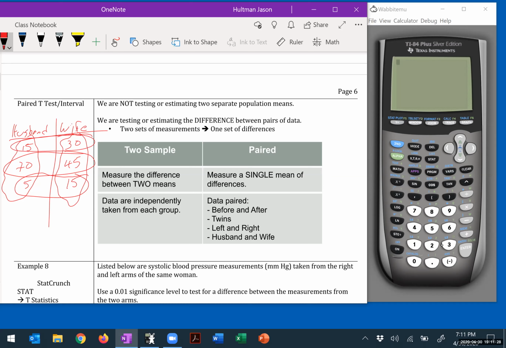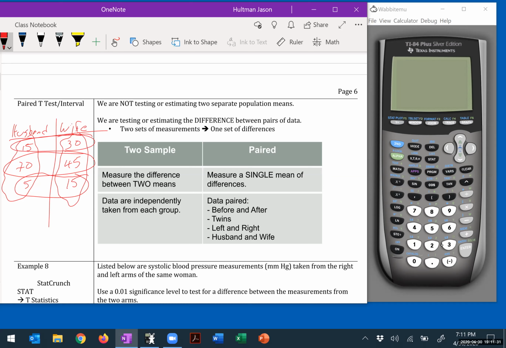Instead of taking an aggregate of all the husbands and an aggregate of all the wives, we take two pieces of data and turn it into one by taking the differences of each pair, each couple.